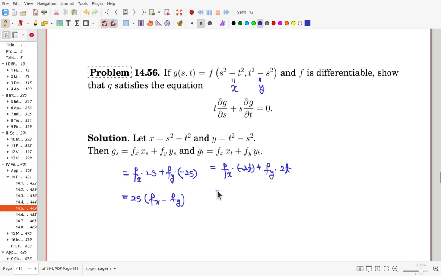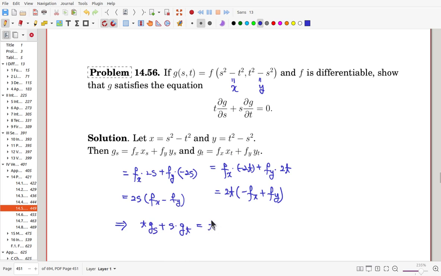So that is 2t times minus f sub x plus f sub y. Now let's consider t times G sub s plus s times G sub t.